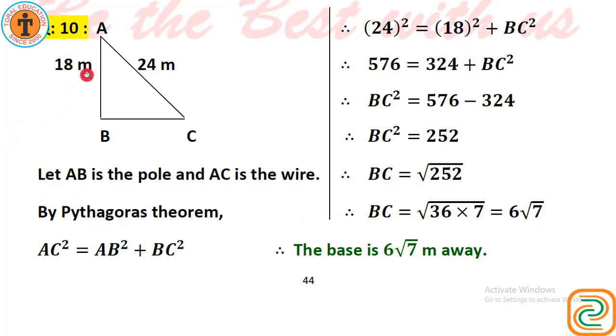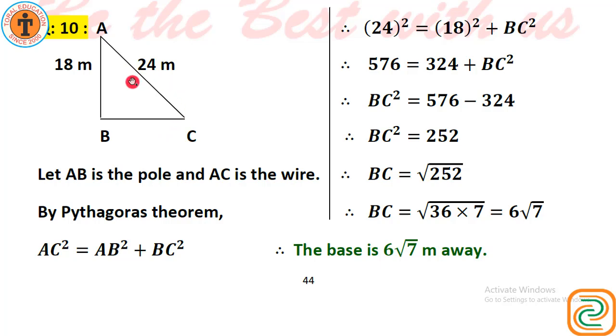A guy wire attached to a vertical pole of height 18 meter, sorry, 18 meter is the vertical pole and 24 meter is the length of the wire, and has a stake attached to the other end. How far from the base of the pole should the stake be driven so that the wire will be taut?